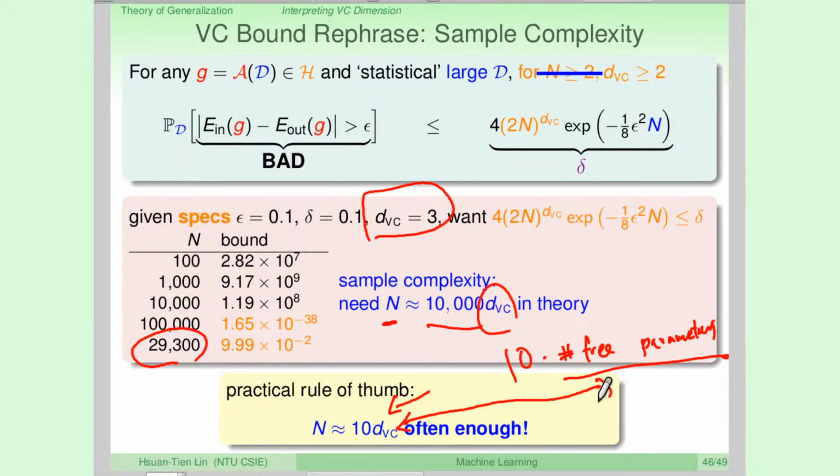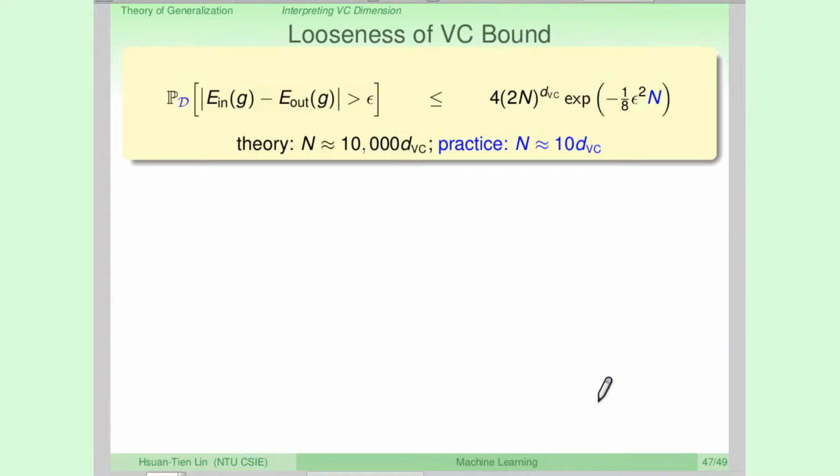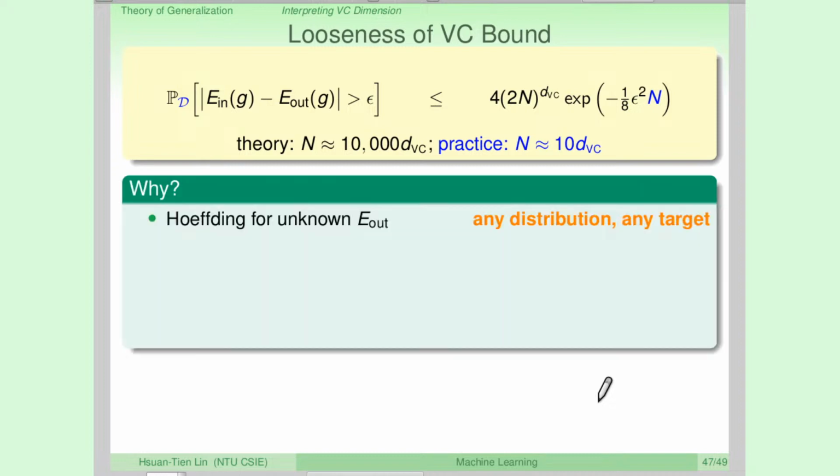Multiplied by 10, you get the number of examples you need for starting your machine learning task to ensure somewhat good generalization. And this result hints us that the VC bound itself is actually loose. Okay, it's not as good as we want for practice, because in theory, you need number of examples close to 10,000 VC dimensions. Now, practically, you need probably 10.